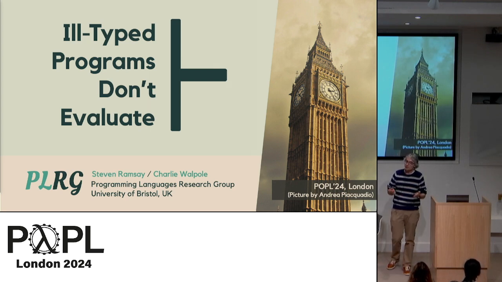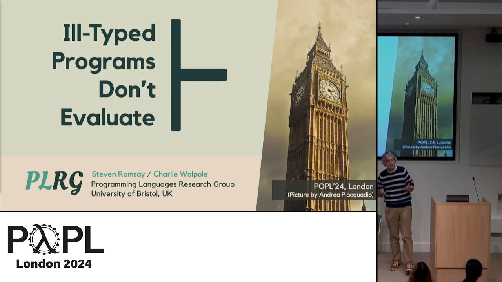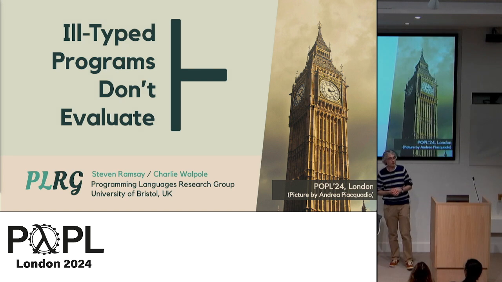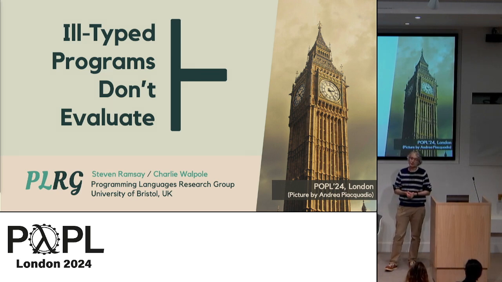Now, for mainstream type systems, Hindley-Milner style type systems, this is maybe not such a problem. But for the kind of sophisticated, complex type systems that we sometimes see at POPL, I think it can be a barrier to adoption. So we wanted to look at this problem, and we were inspired by the recent explosion of interest in incorrectness logics for reasoning about incorrectness in first-order imperative programs, in particular Peter O'Hearn's incorrectness logic.